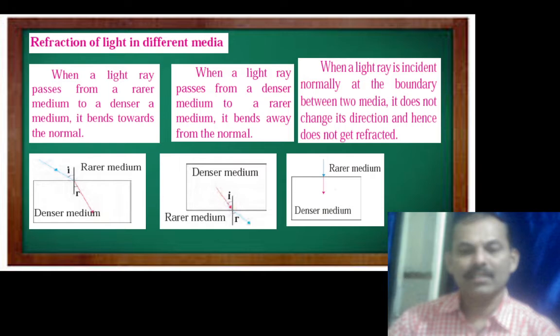You see here that the ray goes directly straight.